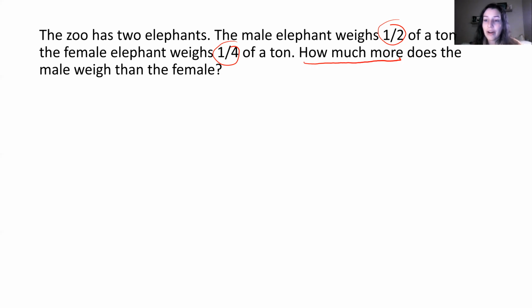So this is another comparison. We want to find the difference. A comparison implies that in wanting to find the difference, we need to subtract the numbers. So jumping right into it, we have 1/2, and we decided that this was subtraction, so 1/2 minus 1/4. Let's see what that equals.